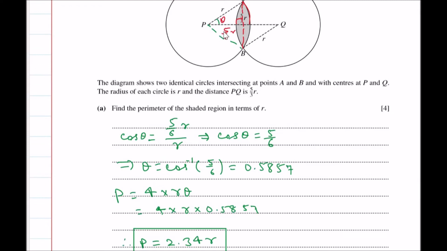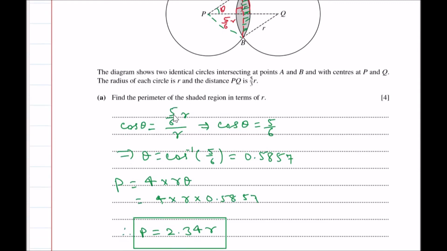Then area of triangle APB we can find, and after that when we subtract both we get the area of the segment, and if we double this area we get the area of the shaded part.